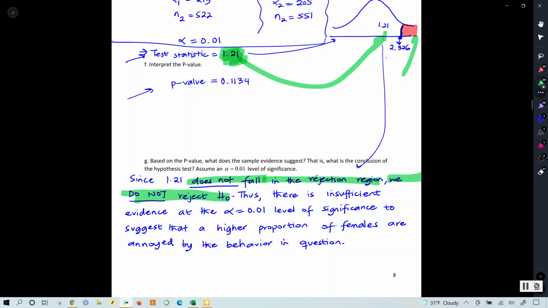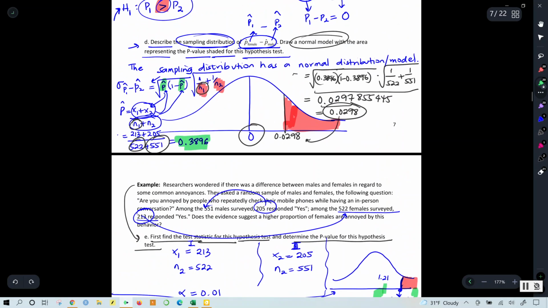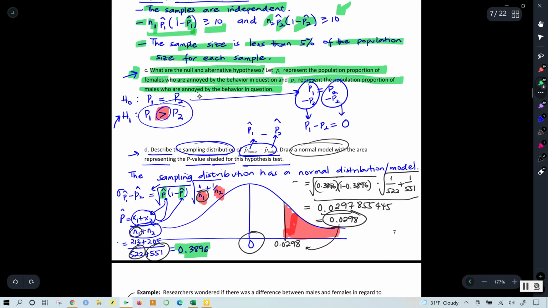If we do not reject the null hypothesis, that is because the null hypothesis is the one we embrace. It is the good one. So going back to where we started, this is the good one. This is not good enough.